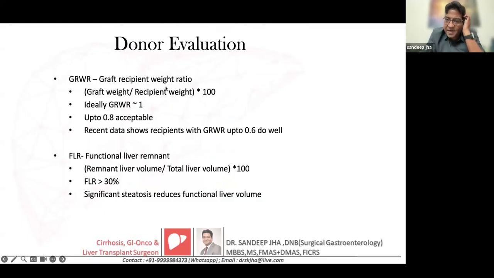So the graft recipient weight ratio, GRWR, is how we decide how much liver volume is adequate. If the liver volume is less than the GRWR, then it is doubtful to do the transplant.